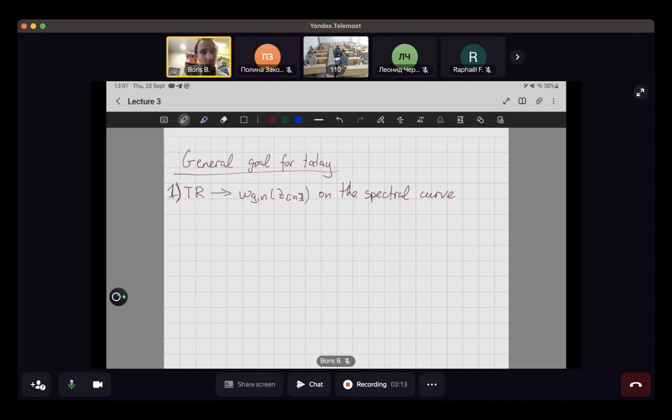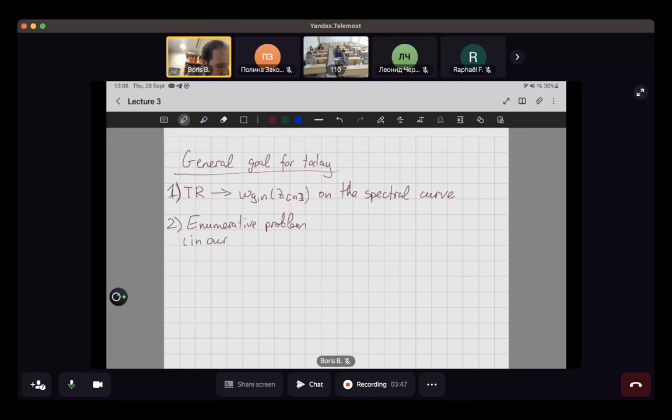But anyway, if you have some numbers, say some enumerative problem, in our case it will be simple Hurwitz numbers, and later on during the course maybe we'll discuss some more examples.